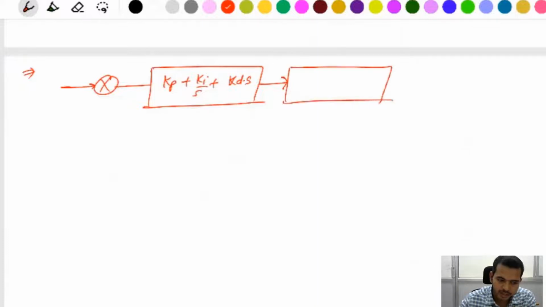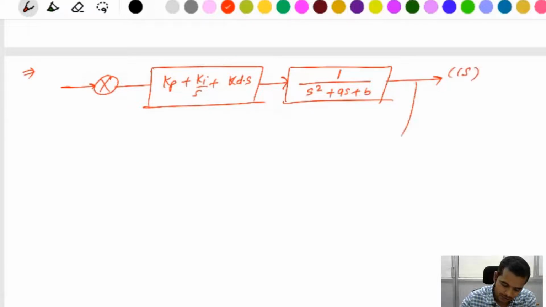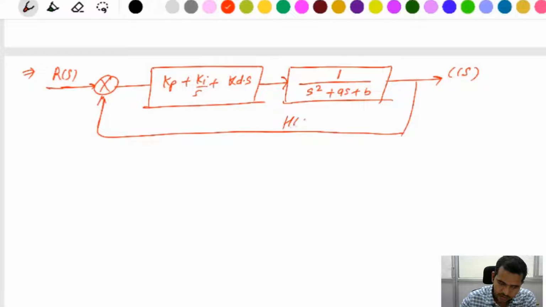And I will take a plot like a second order system, AS plus B, CS. Here we introduce the RS and HSC. To find the transfer function, you know GS divided by 1 plus GS HS.